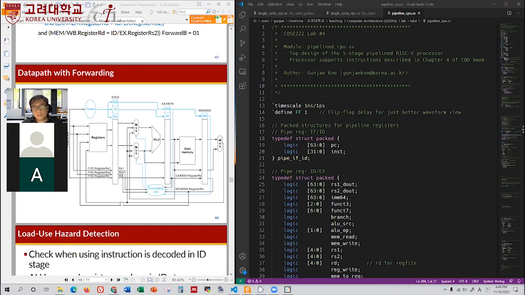So I will give you enough time for submitting this pipeline processor design, but I recommend you to start early for this lab assignment, the final lab assignment. Okay, and then if you have any questions, post your question on Piazza, then we will try to answer your questions as soon as possible.